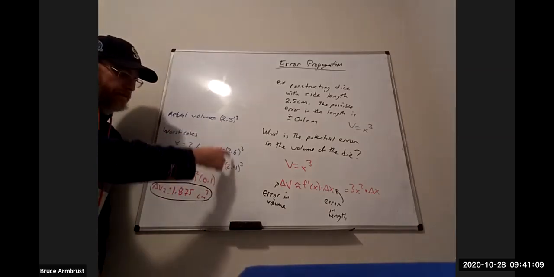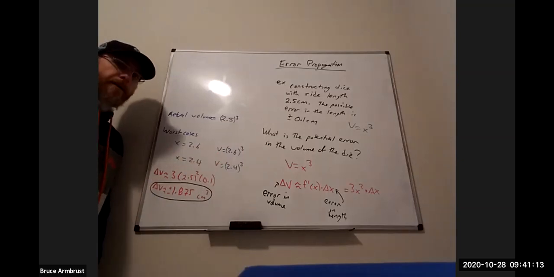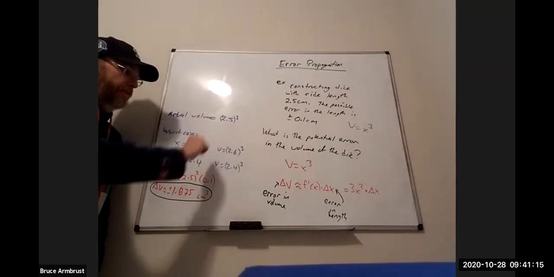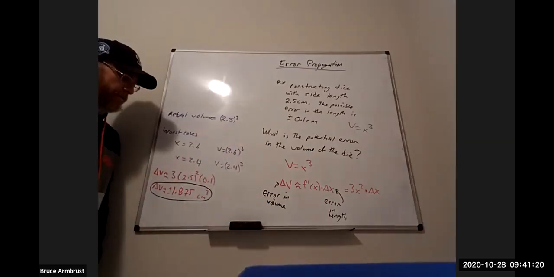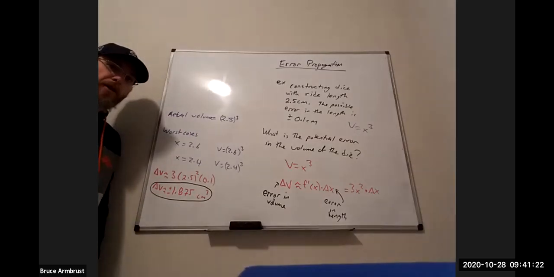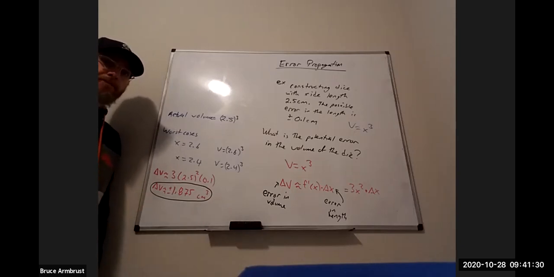These other ones, I could actually get those numbers, it'll just take me a little bit longer. And when I look at the differences, you're going to see that the differences between these worst case scenarios and the actual volume are actually quite close to 1.875. They won't be exact, but they'll be close, because again, we're using a linear approximation.